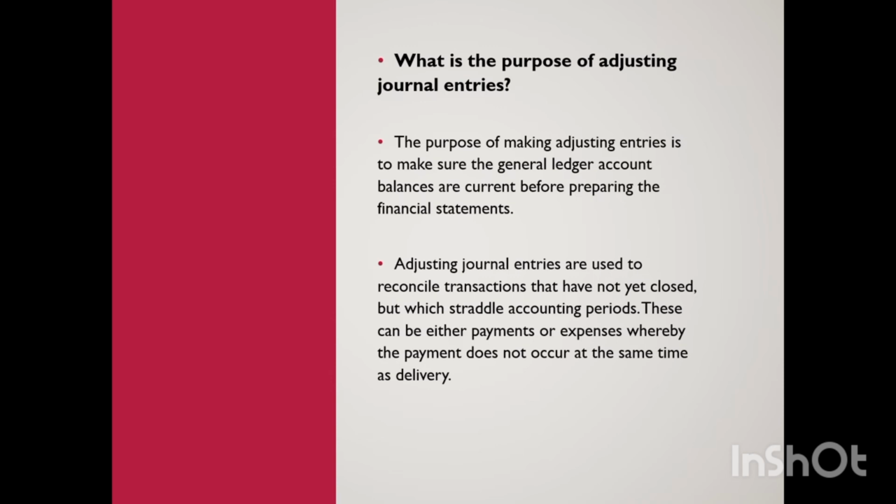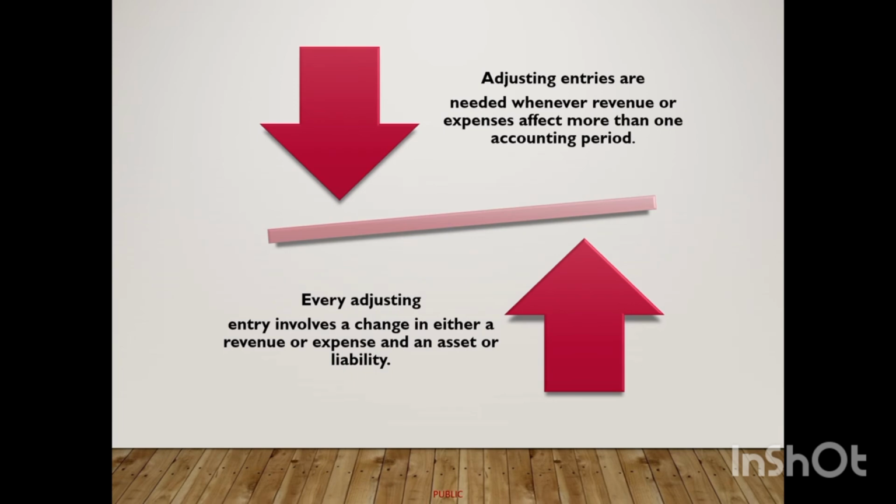So this is the basic purpose of adjusting journal entries. Adjusting entries are needed whenever revenue or expense affect more than one accounting period, and every adjusting entry involves a change in either a revenue or expense and an asset or liability.